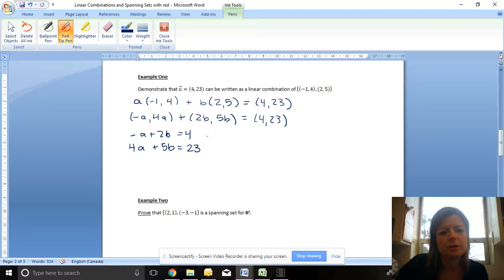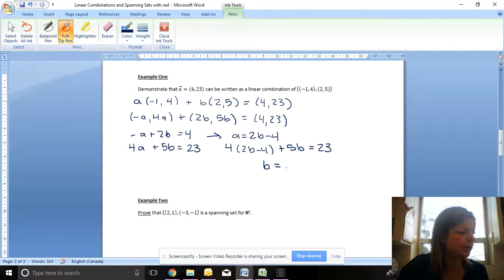I use substitution. I just rearrange this to be a equals 2b minus 4, and then sub that into the other equation. Then you simplify and collect like terms, and you get that b is equal to 3. Then you sub that back in, and you get that a is equal to 2.